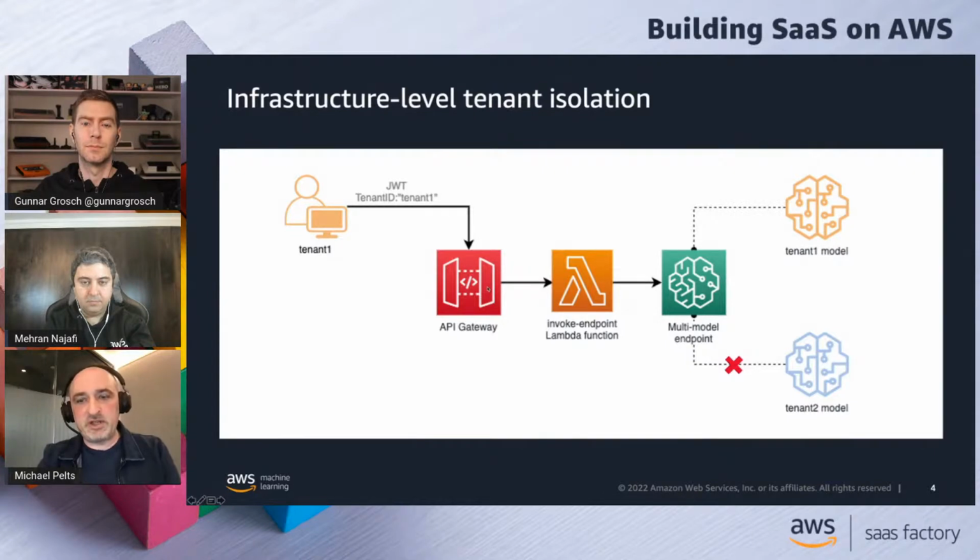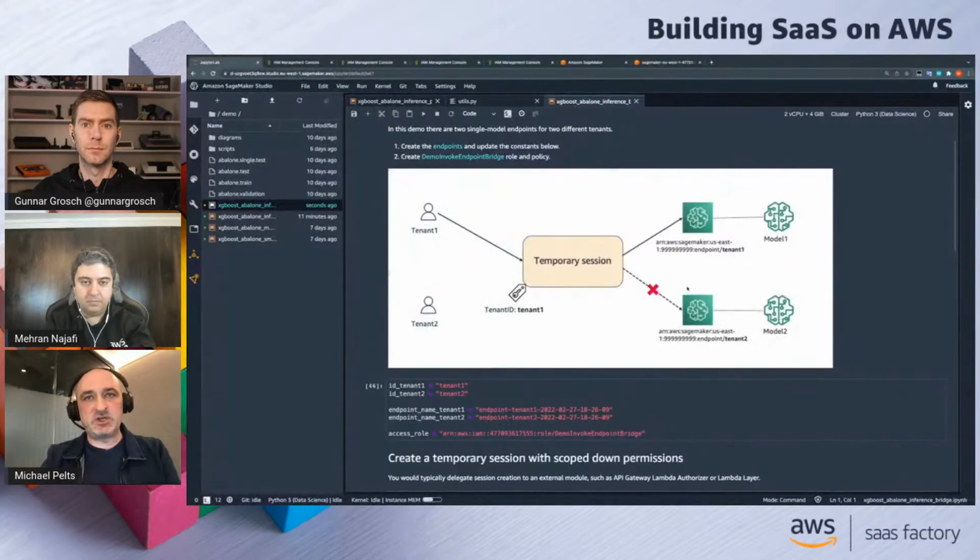Altogether, we have an architecture which is combined from some components in pooled mode and some other in silo mode. So that sort of architecture is called bridge. And as I demonstrated, you can make use of ABAC for that sort of architectures as well.